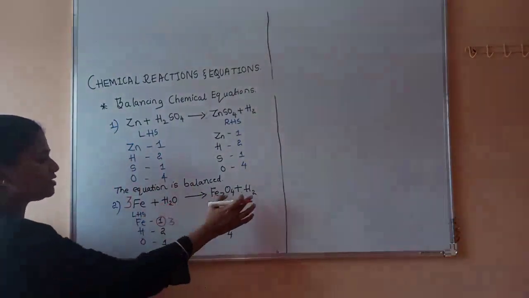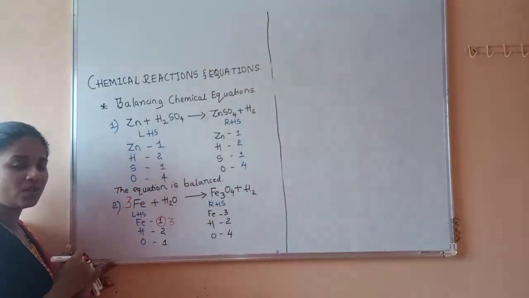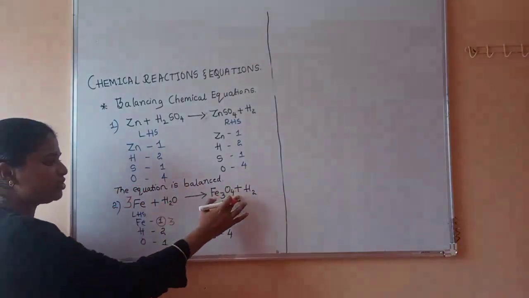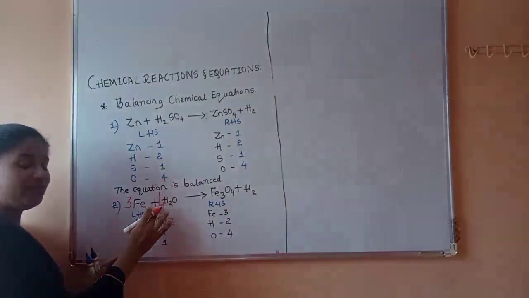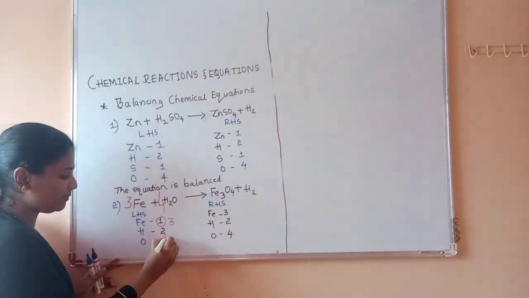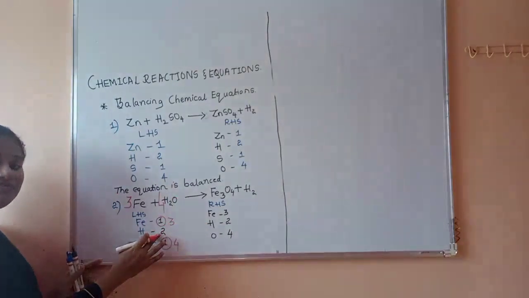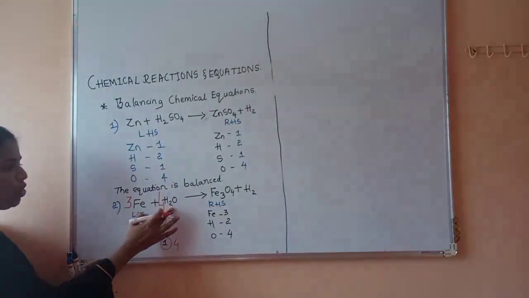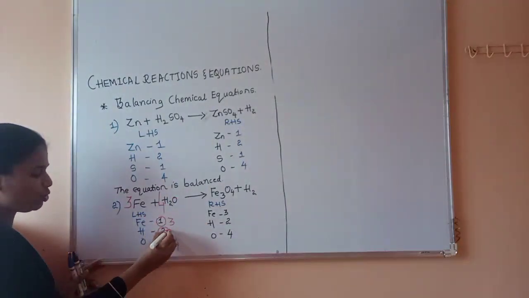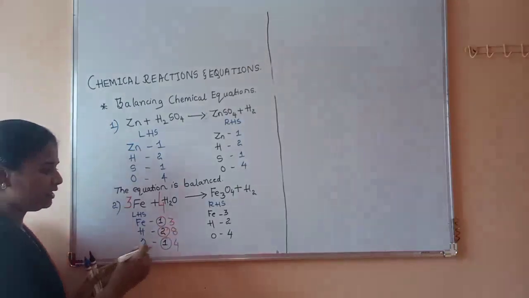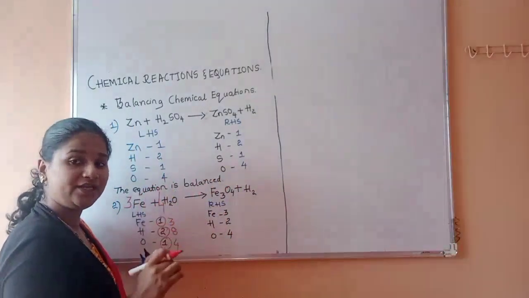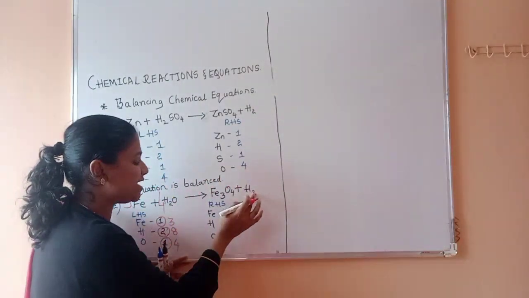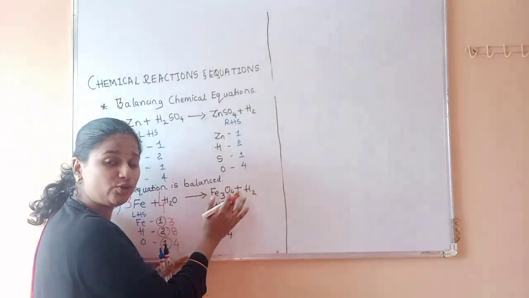Oxygen is 1 on one side and 4 on the other. So I am going to write 4 here. When it becomes 4, oxygen became 4. But there will be a difference in hydrogen: 4 2s are 8, so hydrogen became 8. Here hydrogen is 2, so again we have to balance the hydrogen. 2 is there. How much should I multiply to get 8?